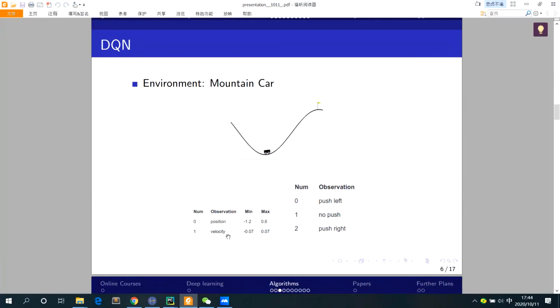There are also three actions: push the car to the left, right, and no push. For the reward, at each step the car gets reward -1 until it reaches this flag, the turning point, or after 200 steps, if the car cannot reach the flag, then the game is also over.